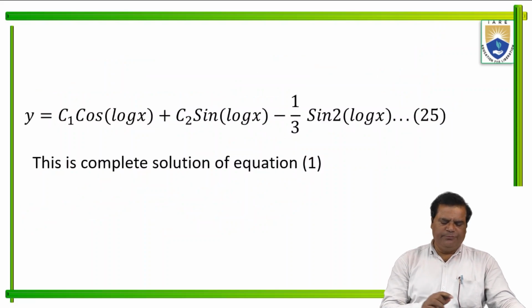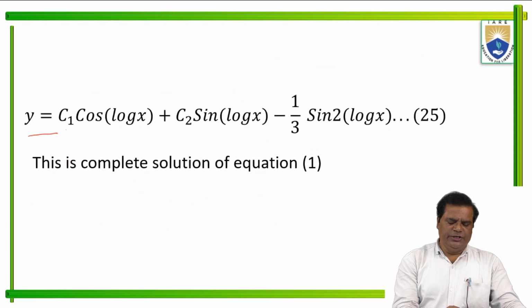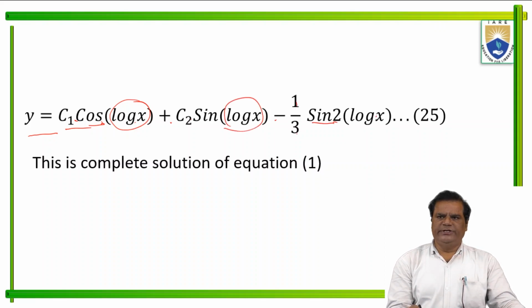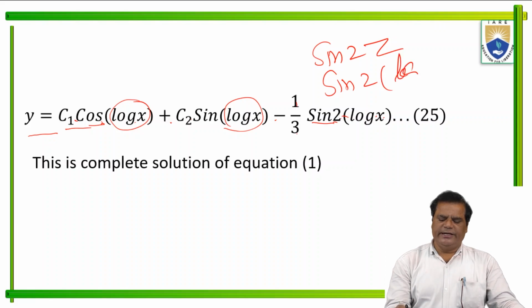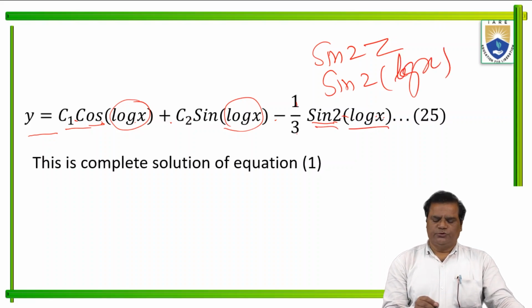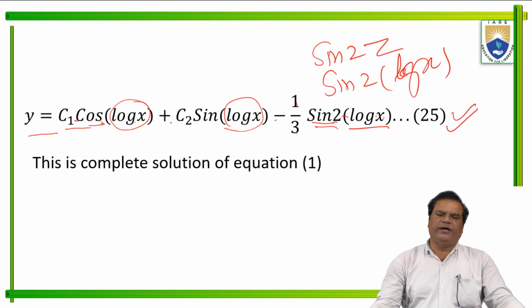Finally we get y equals C1 cos log x plus C2 sin log x minus 1 upon 3 sin 2 log x. This is the complete equation 25.